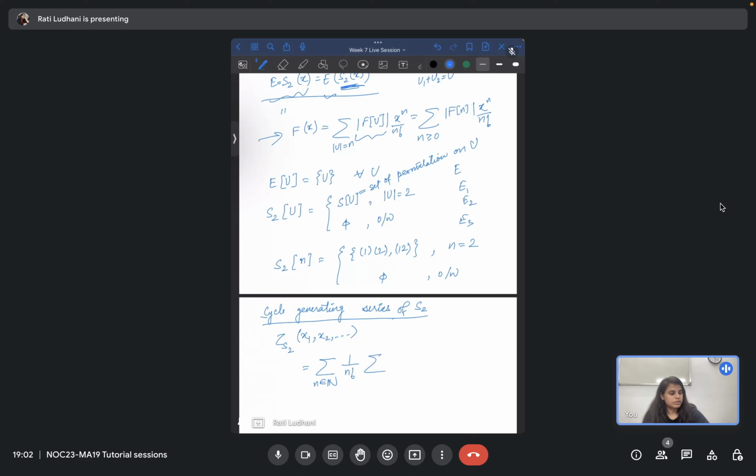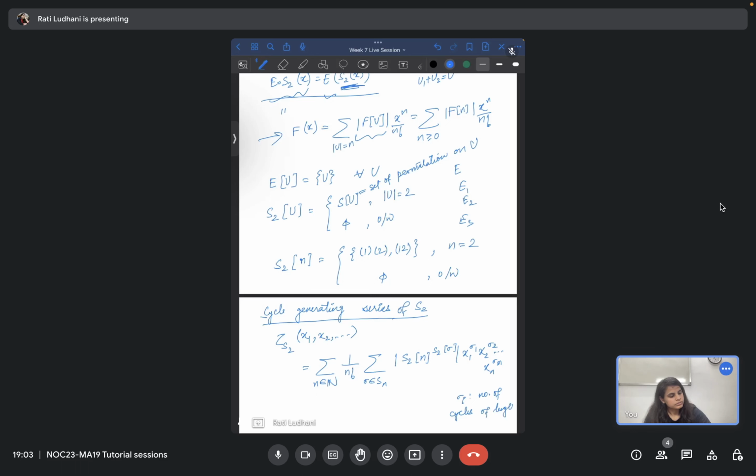You take all the permutations, so you take sigma belonging to S_n, and you take F as your S2, so you take S2 of sigma. You take all the fixed points, and then you take the cycles: x1 raised to power sigma 1, x2 raised to power sigma 2, up to and so on, xn raised to power sigma n. So sigma i is the number of cycles of length i.